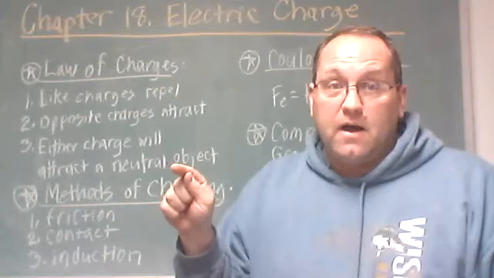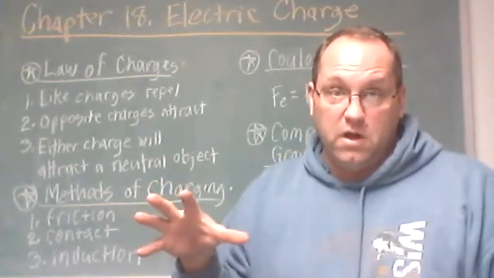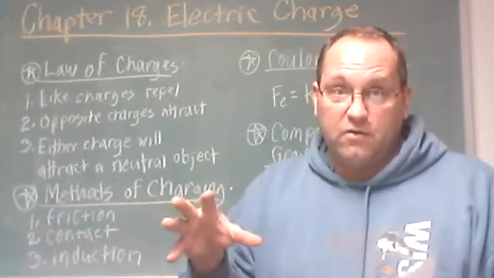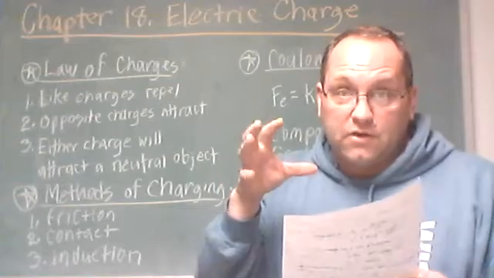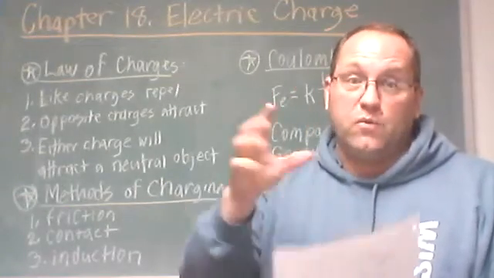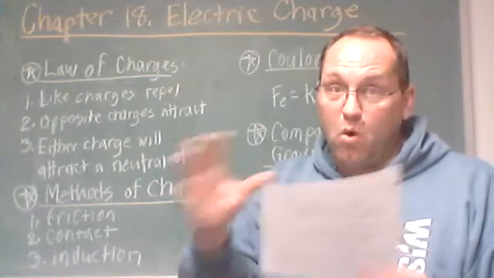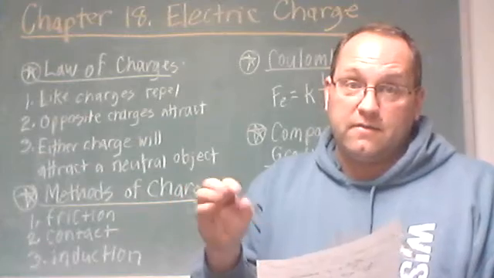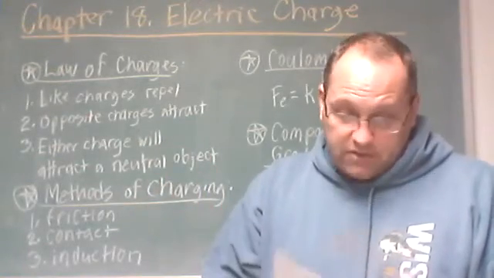If a material has an excess of electrons than it normally would in its proper configuration, where the atom has its correct number of protons and neutrons, and it balances out with the correct number of electrons, okay, if that material has more electrons than that equilibrium state, we say it's negatively charged.